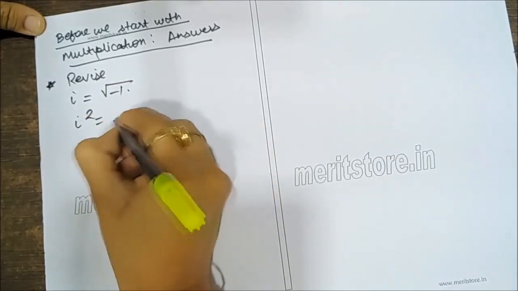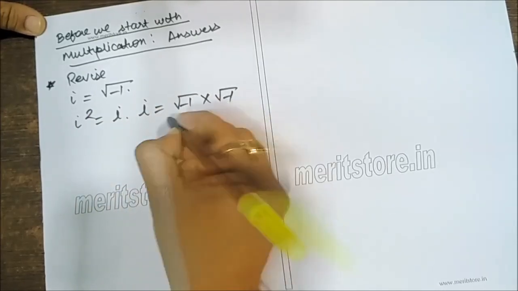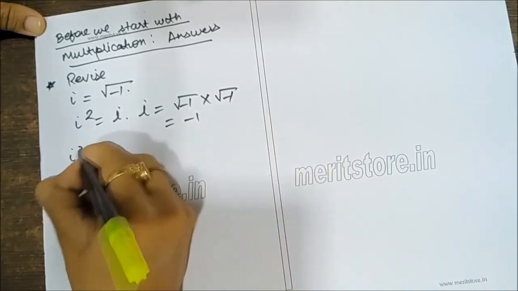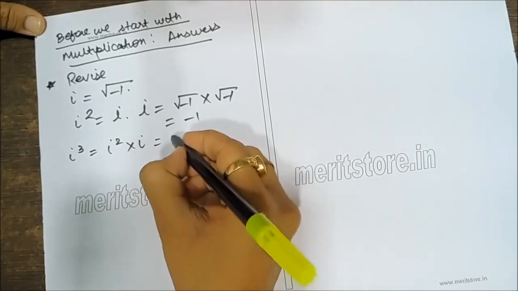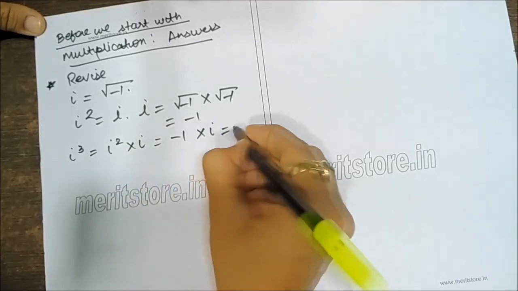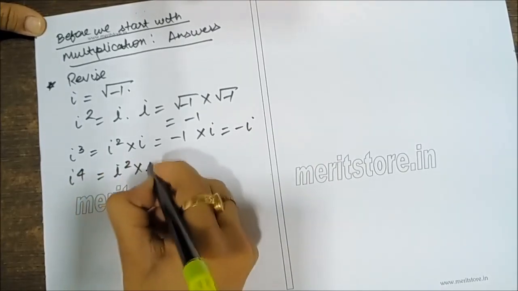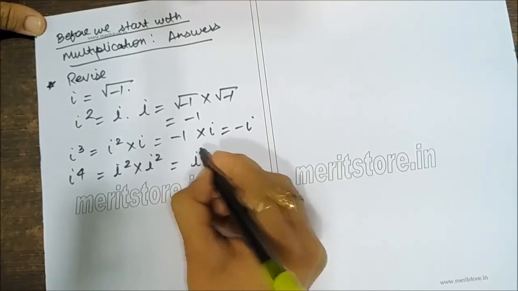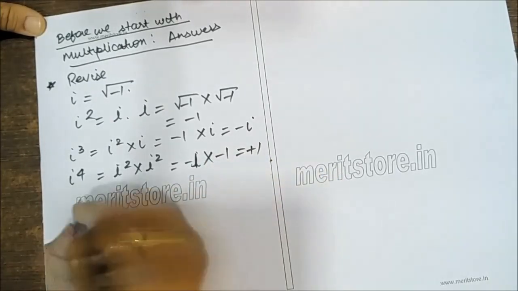Hence, i square will be written as i into i, that is root of minus 1 into root of minus 1, that is minus 1. Only your square root will go away. i cube is i square into i, so minus 1 into i is minus i. i raised to 4 is i square into i square, that is minus 1 into minus 1, that is positive 1.